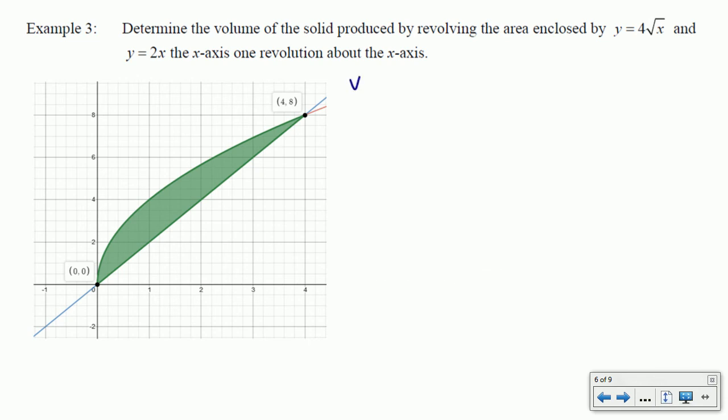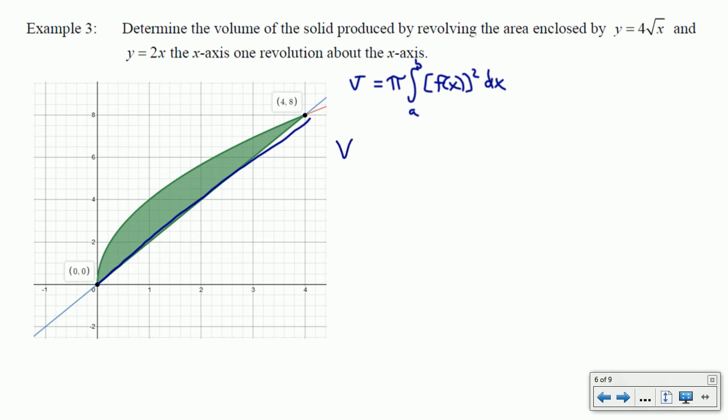Again, we can use our formula v equals pi integral of f of x squared dx from a to b, but this time we need to determine two volumes. First, we can determine the volume produced by this curve when it's rotated about the x-axis, and subtract off the volume produced by this line when it's rotated about the x-axis.